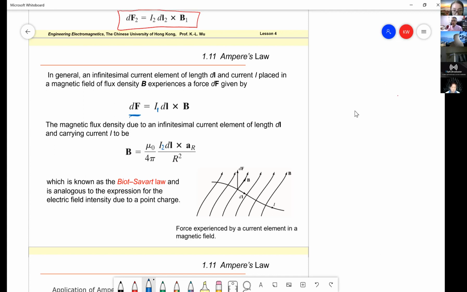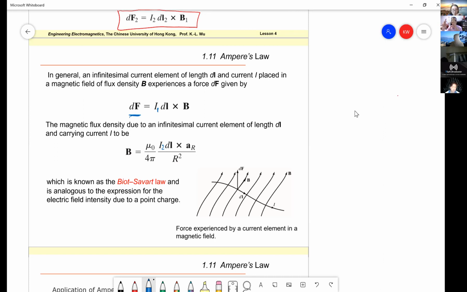If we would like to vary the force, so if the force changes with time, then we have two ways. We can either change current I1 or current I2 if the locations of the two loops are fixed.